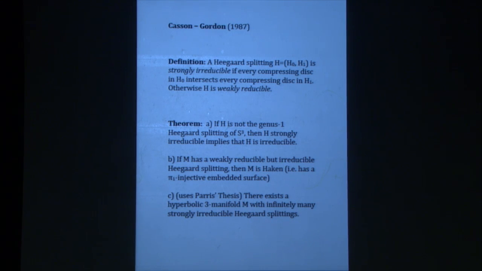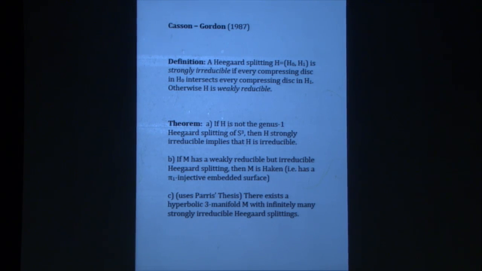Well, this work of Casson and Gordon, 1987, played a big role in the subject. They introduced this idea of strongly irreducible Heegaard splitting. Remember, a Heegaard splitting is taking two handlebodies and gluing them together. It is strongly irreducible if you look at a compressing disk on one side and a compressing disk on the other, then their boundaries have to cross each other.